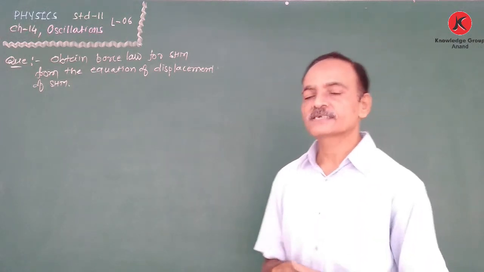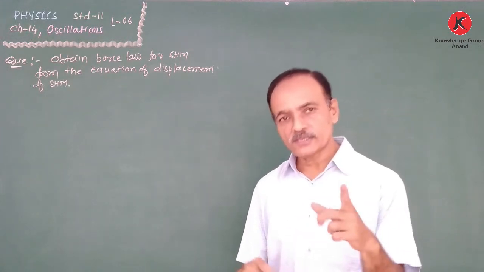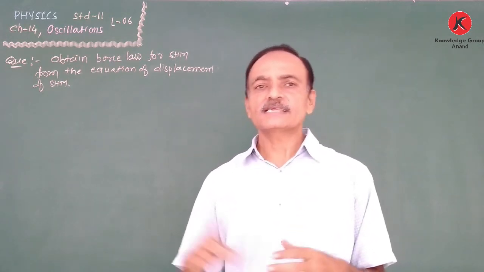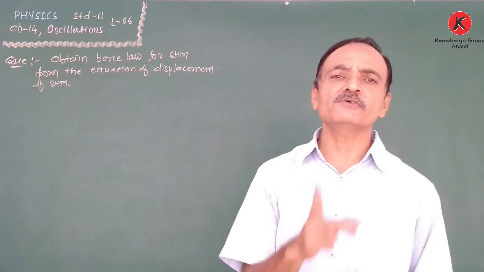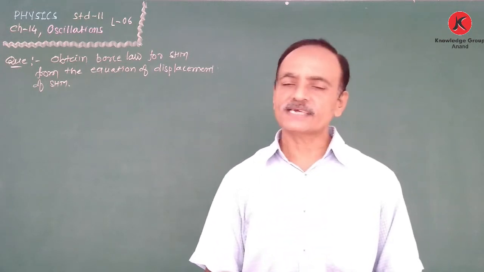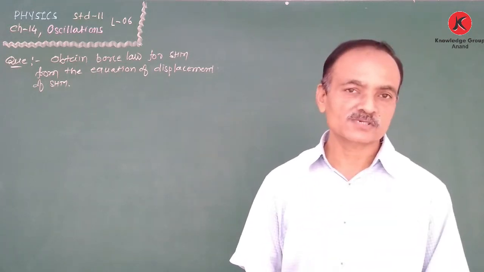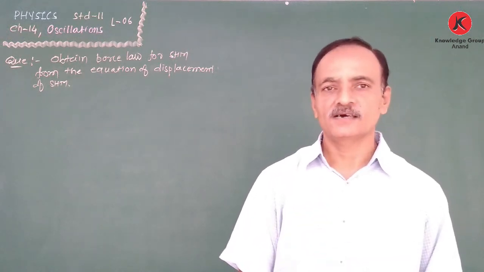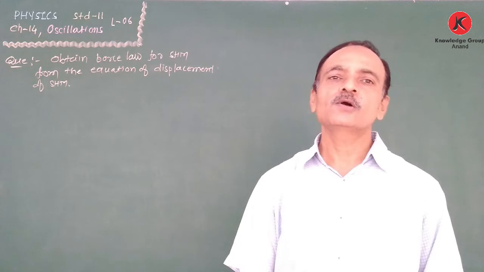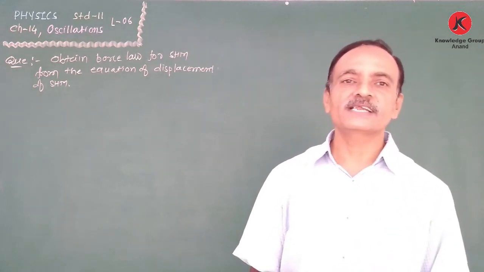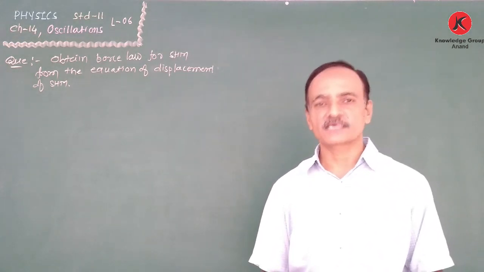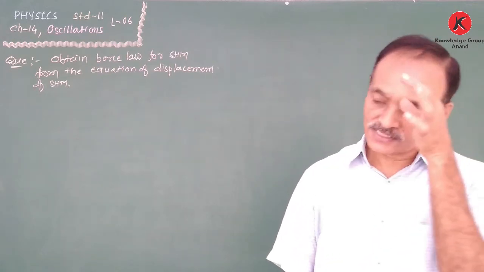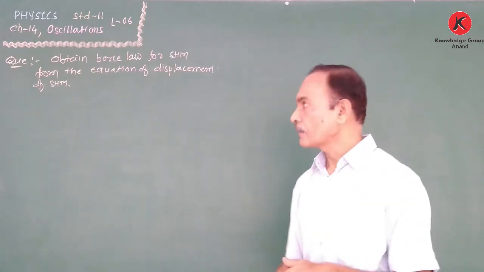In simple harmonic motion, a force acts continuously on the particle. This force is directly proportional to the displacement and directed towards the mean position. We are going to derive the equation of this force, the restoring force.